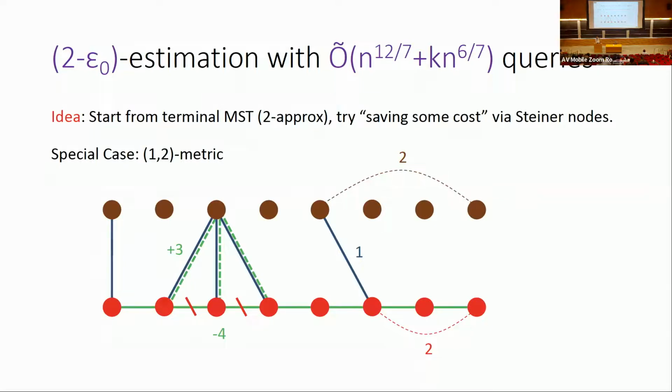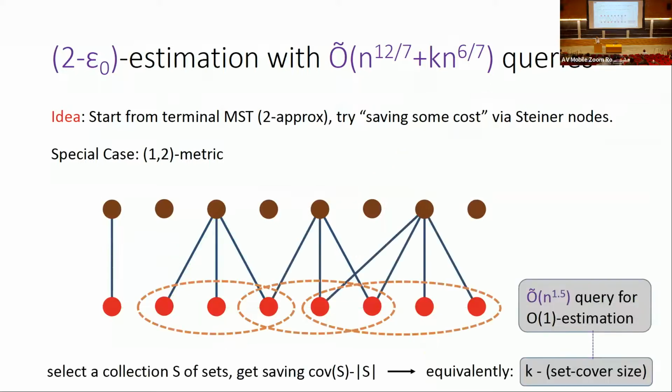If we take it back and see what we are really doing, it is actually solving a coverage problem, where the underlying ground set is the set of all terminals, and every standard node corresponds to a subset of the ground set; this standard node corresponds to these 3 terminals, to which it has weight 1 connections. The best way of getting the saving is finding a collection of sets, and the saving is the coverage of these sets minus the number of sets.